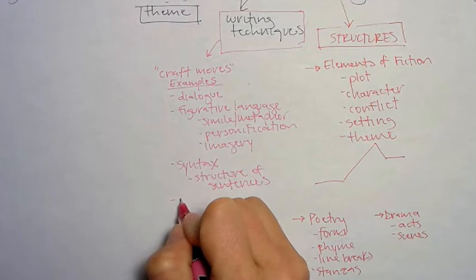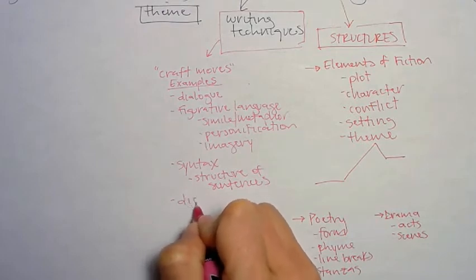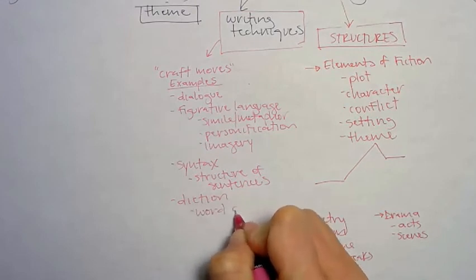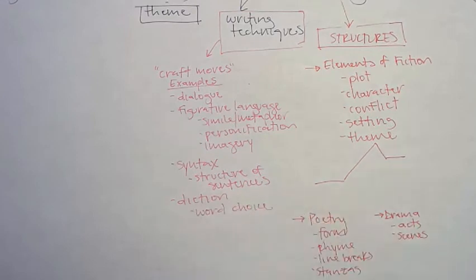And then craft moves down to, at the word level, diction. This is just word choice. All right. What we'll learn a little bit more about later with syntax and diction is that these have a very direct relationship with tone and mood.